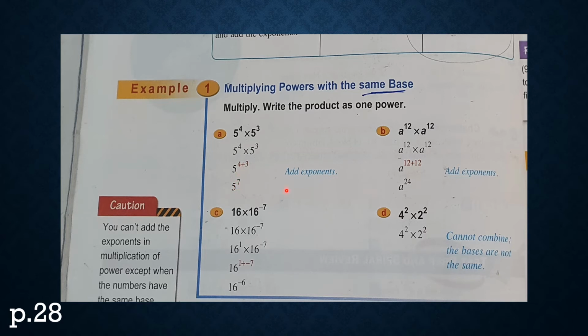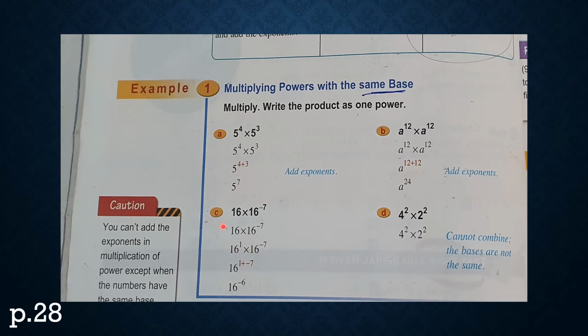That's it. So easy. B, a power 12 and also a power 12. As we have the same base, you will add the exponents. When you add them, it becomes a power 24. That's so easy.